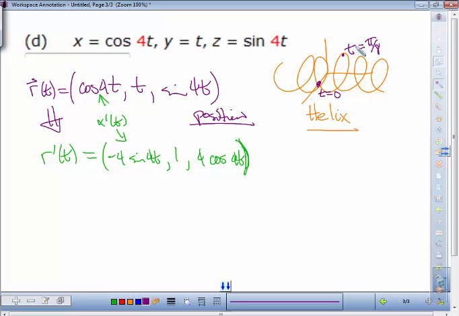I'm just picking random values. t is equal to 0, t is equal to pi over 8. Just randomly picking values. So the question is, what is this?